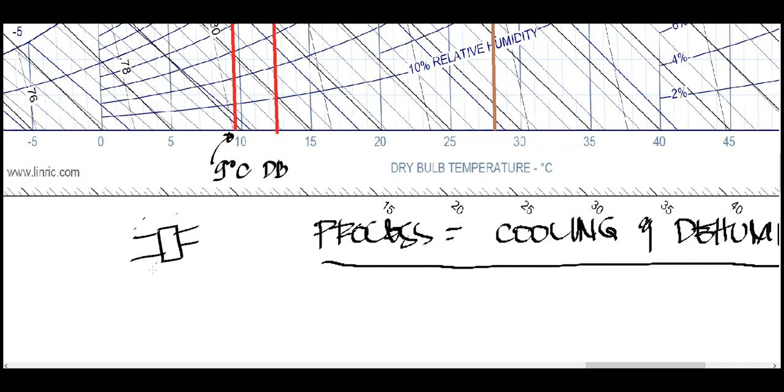If the surrounding temperature of the cooling coil is below 9 degrees Celsius, let's say 5 degrees Celsius, then the apparatus outside surface will start to condense. So there will be droplets of water happening around this one.